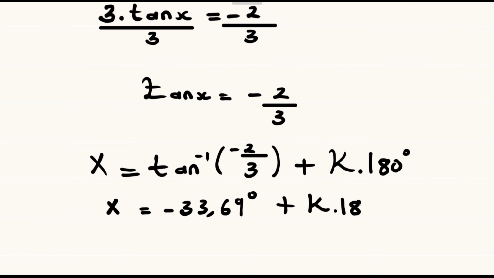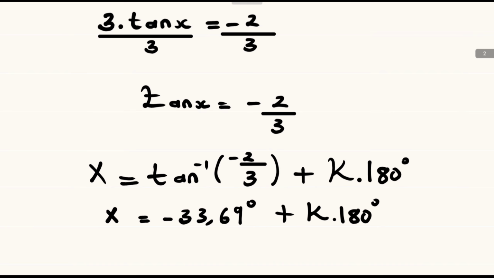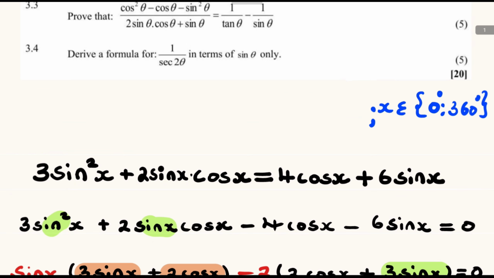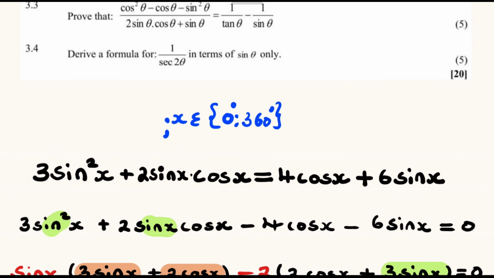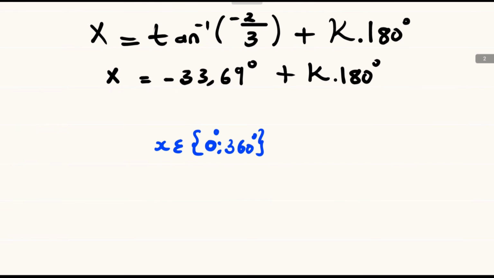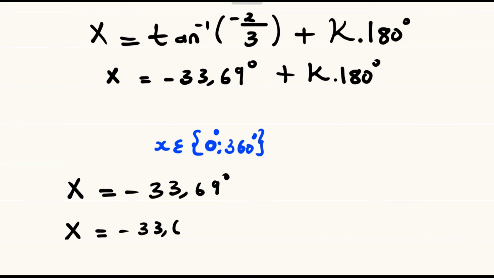So we were told that our x has to be between 0 degrees and 360 degrees. So let's not forget that. We start by substituting 0 where there is k, and our x will be equal to -33.69. Now we substitute, so we have x is equal to -33.69 degrees plus 1 multiplied by 180 degrees.